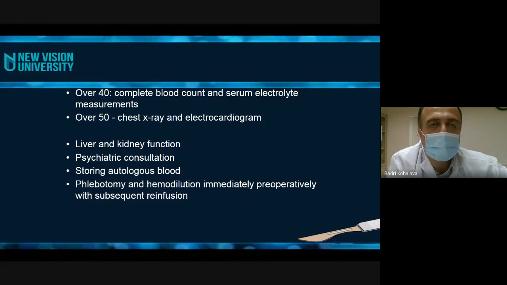Storing of autologous blood. It is also a good method. The principle of this method is the following. The patient is admitted to the hospital, and about 500 milliliters of the patient's blood is stored, and it is replaced with a saline solution. So the patient has no deficit of circulating blood volume after this procedure.